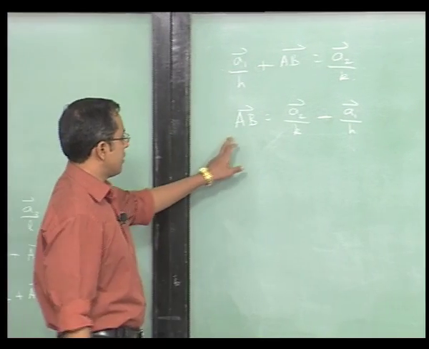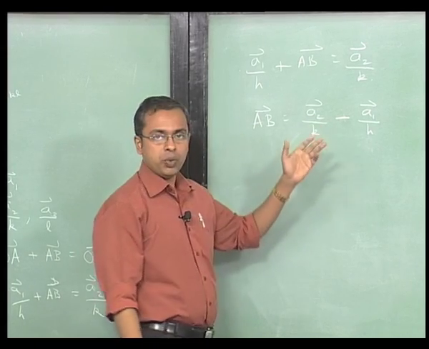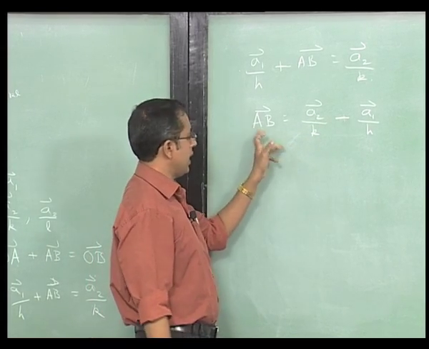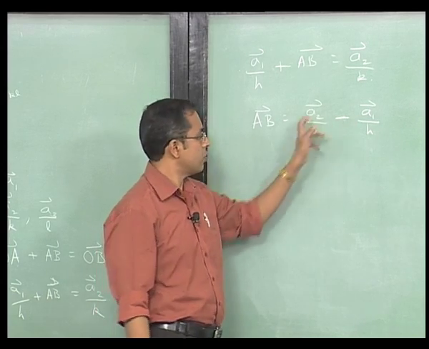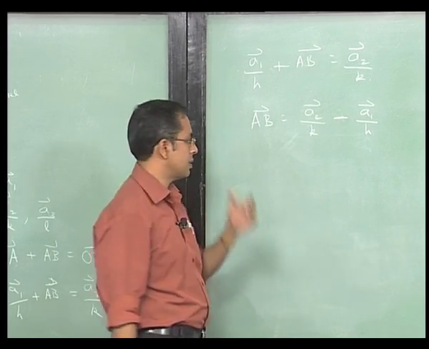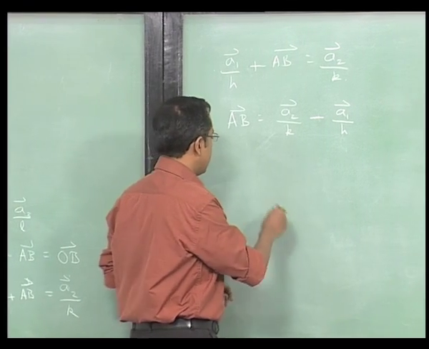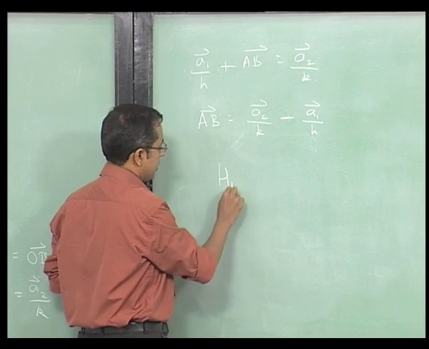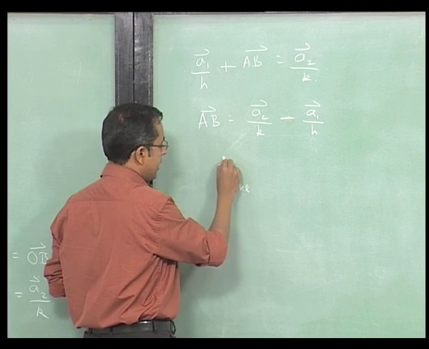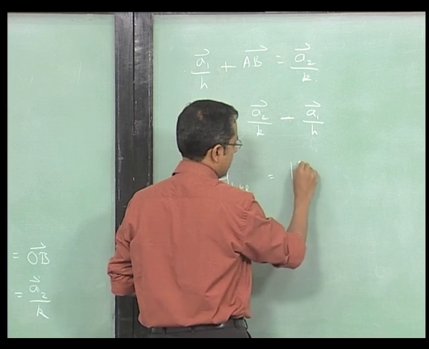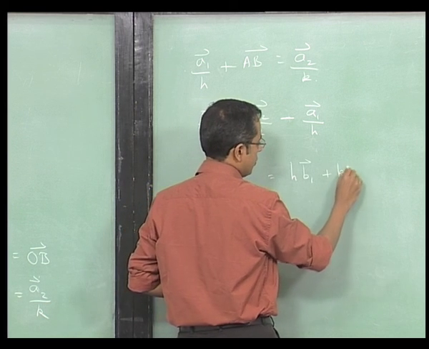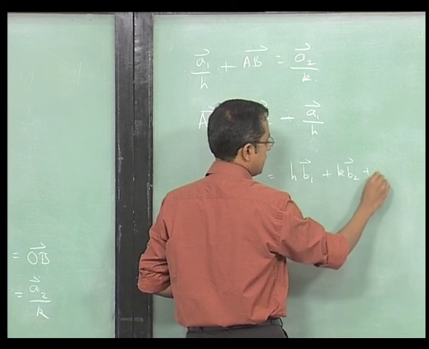So we now have, in terms of the A1 A2 vectors, the vector AB given to us in terms of the unit vectors A1 and A2, which we have already defined for real space. We already said that if you take a vector HKL, we are defining it based on this notation as HB1 plus KB2 plus LB3.